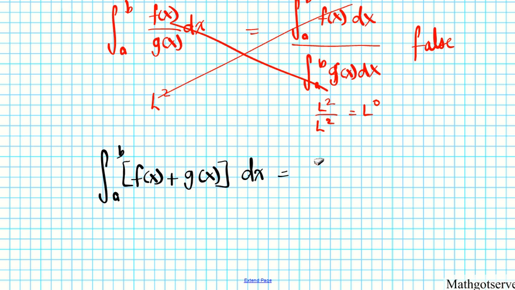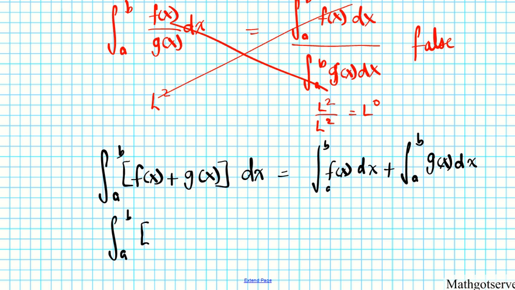Like we talked about before, you can distribute it over the sum like this: integral from a to b of f of x dx plus integral from a to b of g of x dx. Okay? If it's a sum, that's perfectly fine. If it's the difference, that's perfectly fine also. I did both of them simultaneously before, just to show you. But just remember, you can distribute the integral over sums and differences.